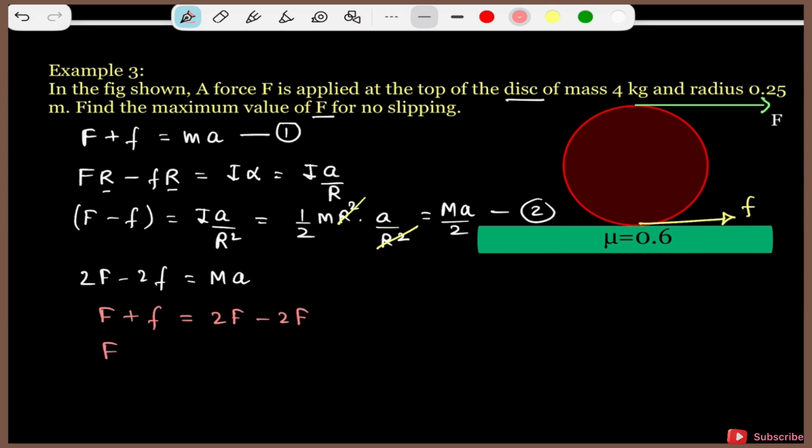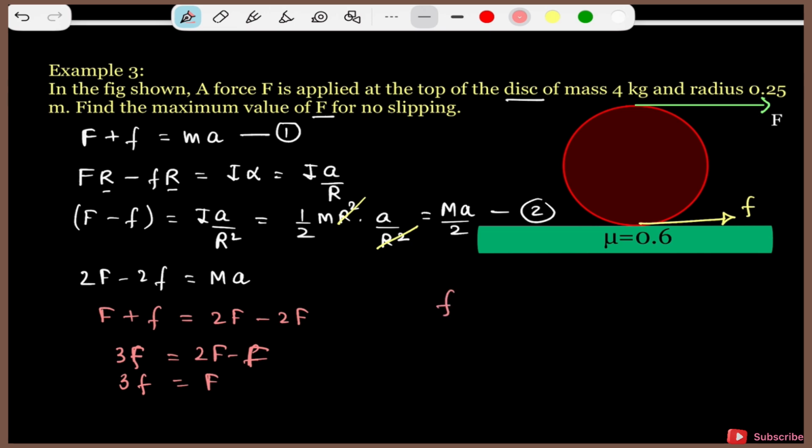So F minus, we can make it like this. So 3 friction is equal to 2F minus F. So 3 friction is going to be the external force F.